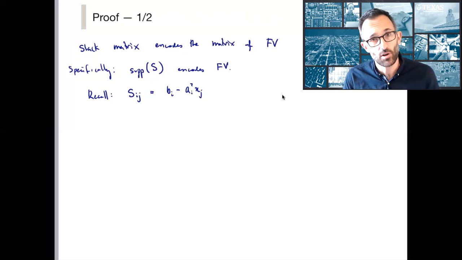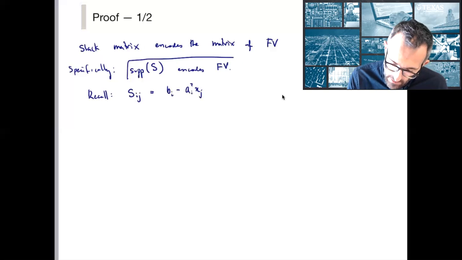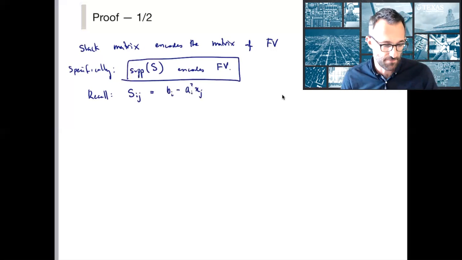If this is equal to 0, that means that x_j is on that face. And if it's strictly greater than 0, then it means that x_j is not on that face. So that means that the support is exactly encoding FV.